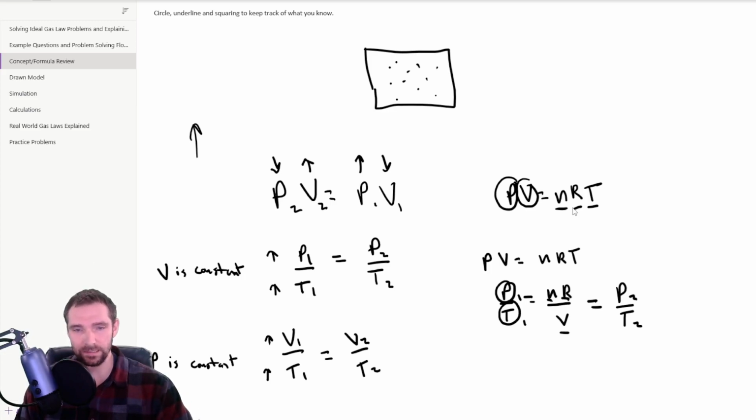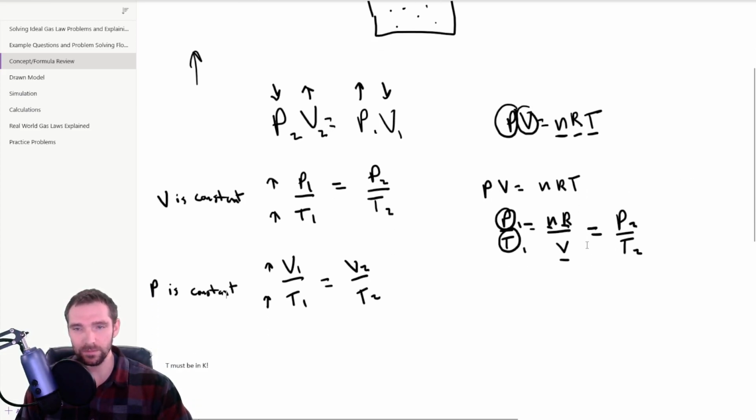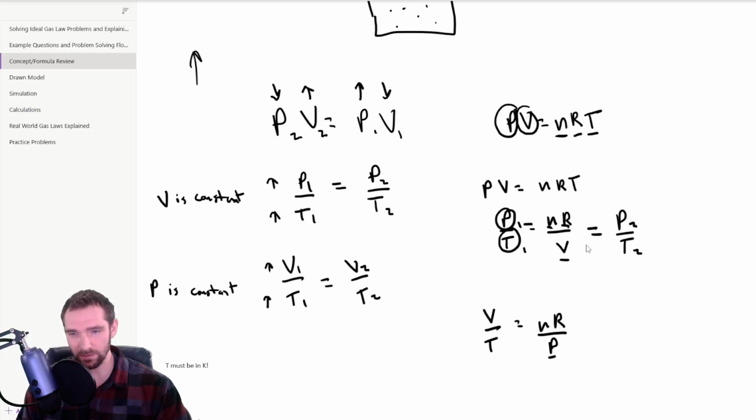So in a sense, this is just this equation that's been written in a slightly different way. So now we've got V over T is equal to nR over P. And now pressure is being held constant and you've got the same amount of stuff, and R is always a constant value.